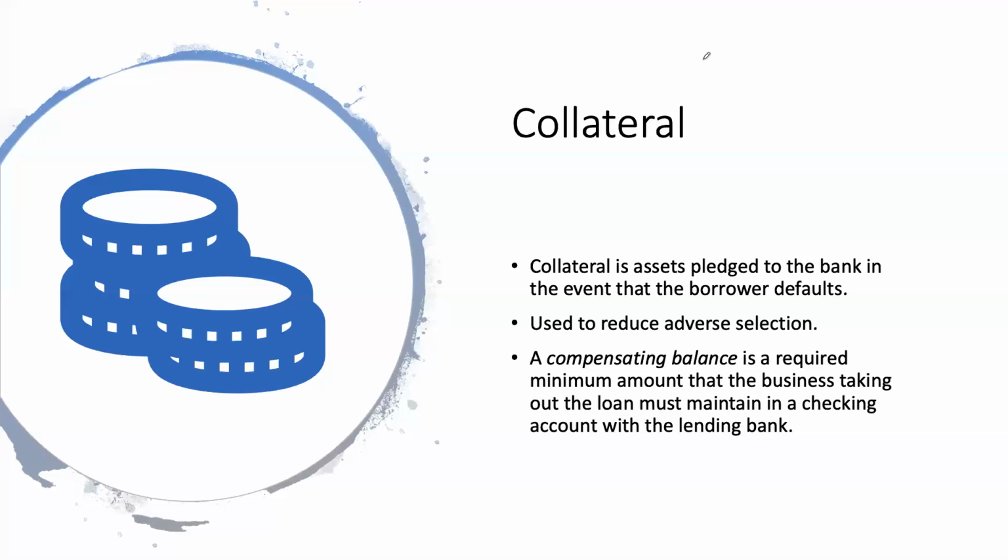So in case something happens to your company and the loan looks shaky, whatever money is in the compensating balance account can be used to stanch some of the short-term losses that the bank can face while they pursue you and collect that money back. Okay.